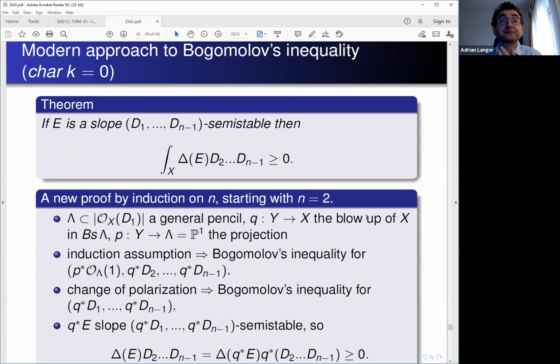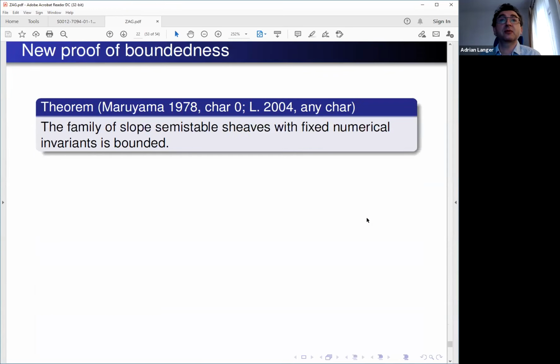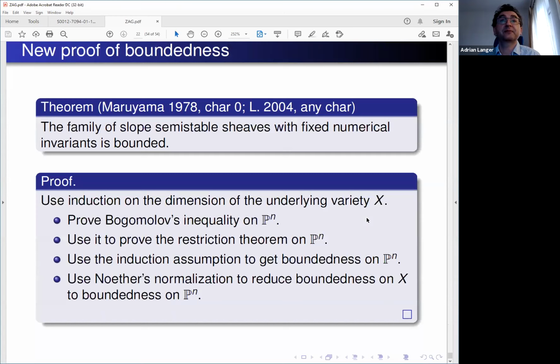This proof here really works in any characteristic on the projective space. I simply go from Pn to Pn minus 1. So this is what one gets here.